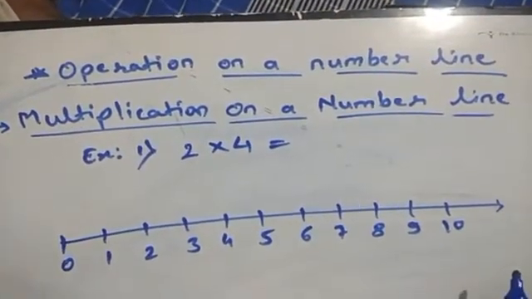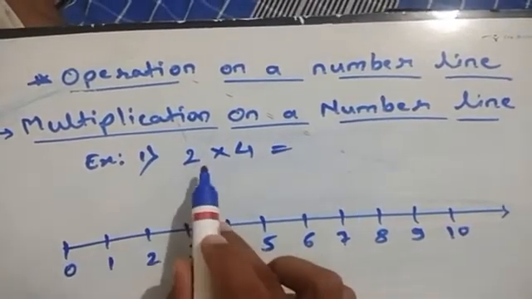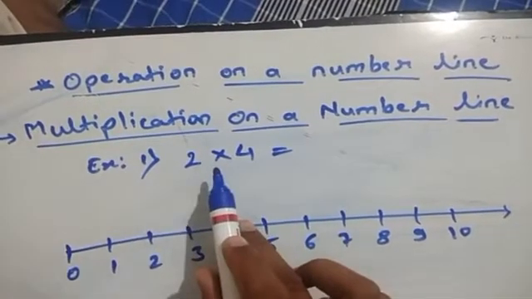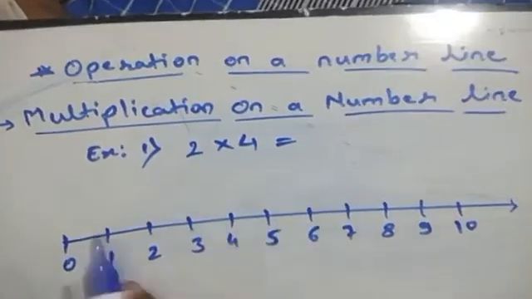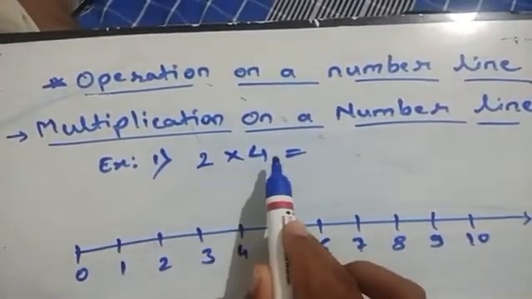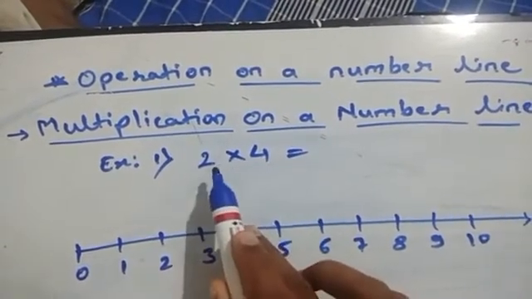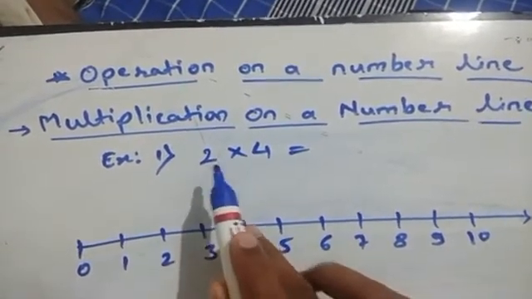Now students, we will study multiplication on a number line. Here one example is given, that is 2 multiplied by 4. How to multiply 2 with 4? We know that multiplication means what? Repeated addition. So see here, 2 we have to multiply with 4. It means we will make 4 jumps of 2 units each.